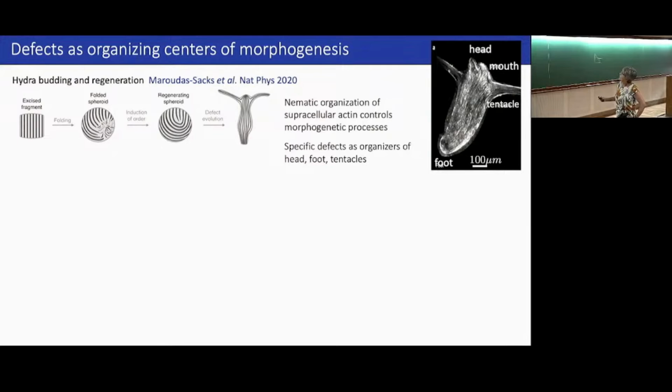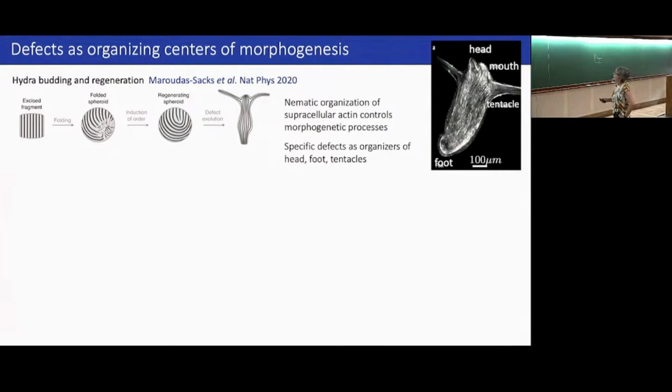If you cut out a fragment of Hydra, it first falls into a spheroid and is rather disordered. Then the muscle fibers, these are really supracellular actin fibers on the surface of the body, exhibit nematic order, and then eventually the whole thing evolves and develops a mouth, a foot down here, and tentacles, and so on.